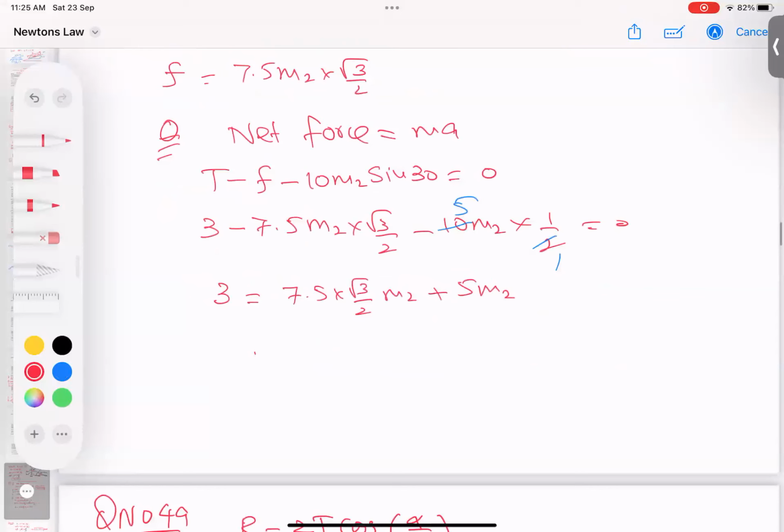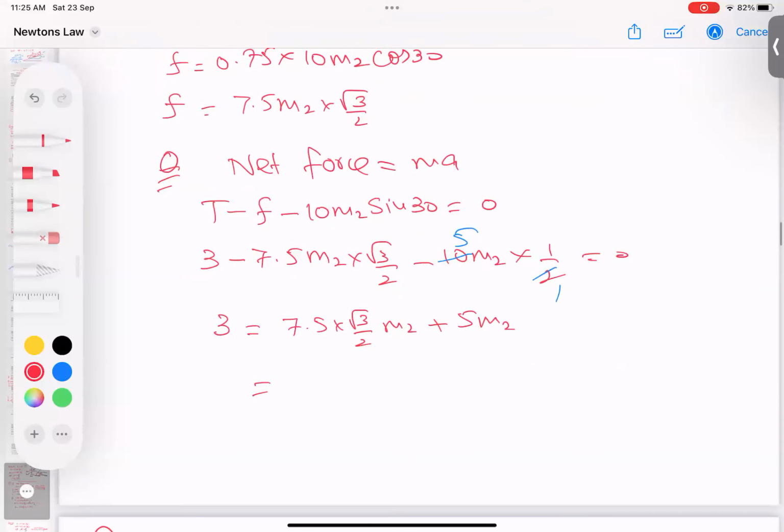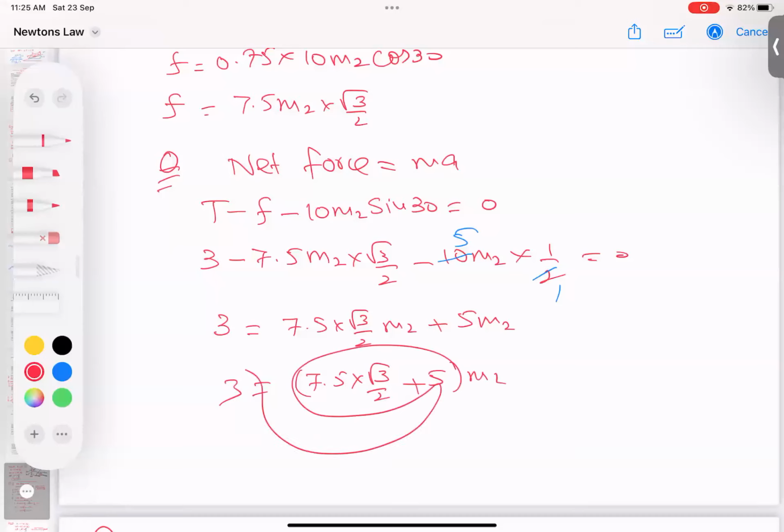So m2 is common: 7.5 into root 3 by 2 plus 5, times m2. So the whole thing is divided into 3, and I'm typing it in my calculator. One minute, students: 3 divided by 7.5 into root 3 divided by 2 plus 5.